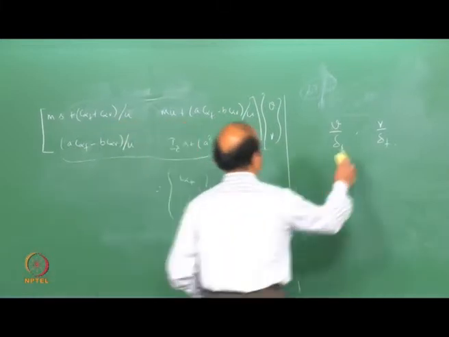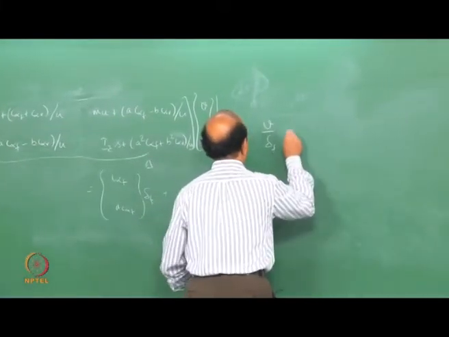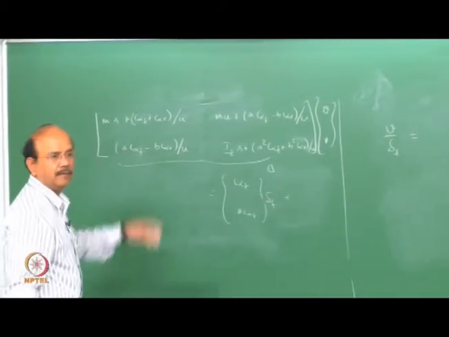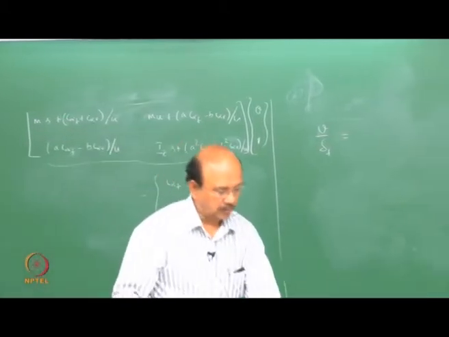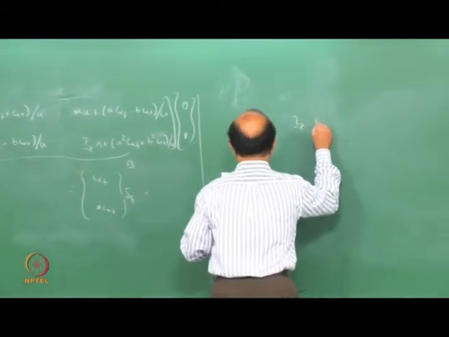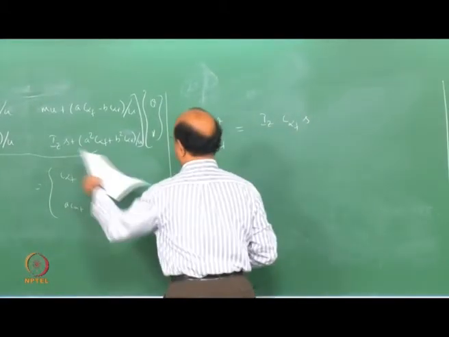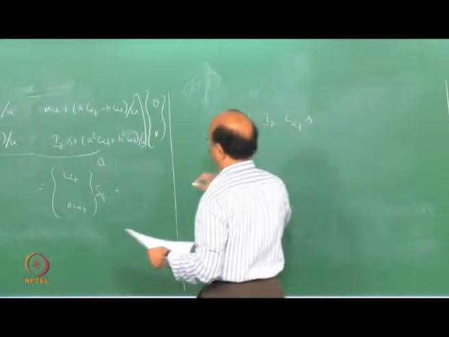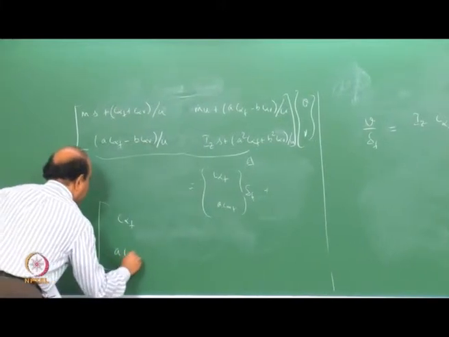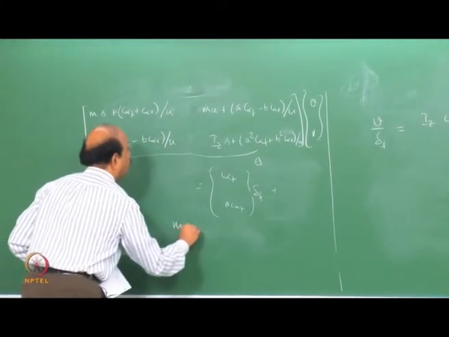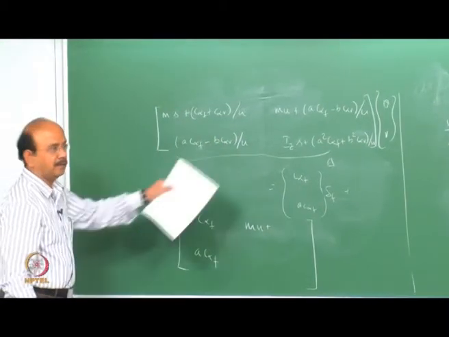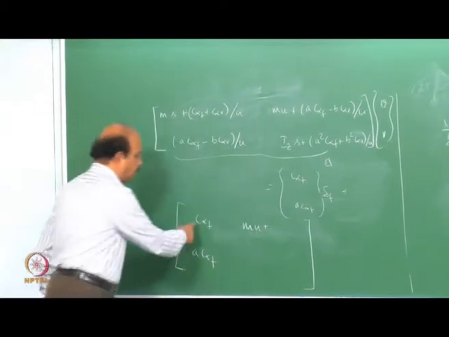Do that. So V by delta F is equal to, substitute that, multiply it. I'm not going to do all those multiplications. You do that, so that I will write down the final expression, C alpha F. Yes, that's the first term. Okay, so what do I do? Obviously, I C alpha F, A C alpha F, then MU plus. So the determinant of that is my numerator. Okay, determinant of this, find out.